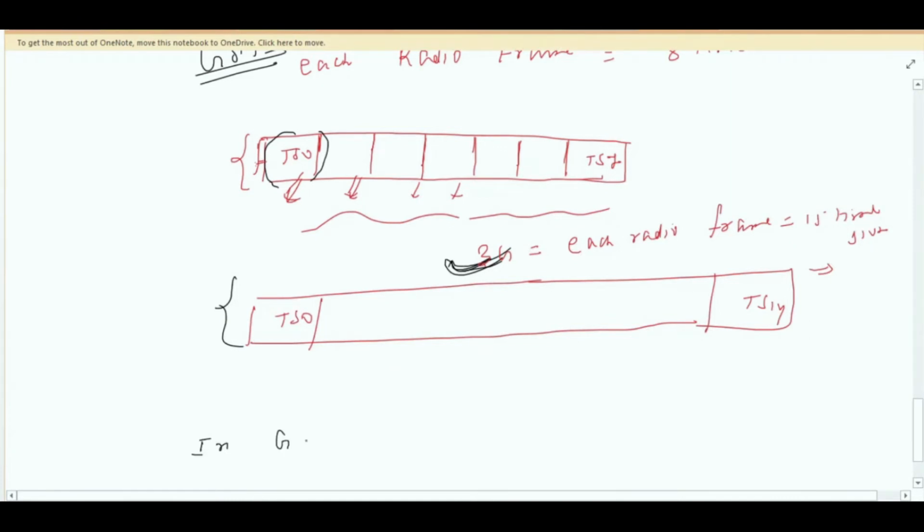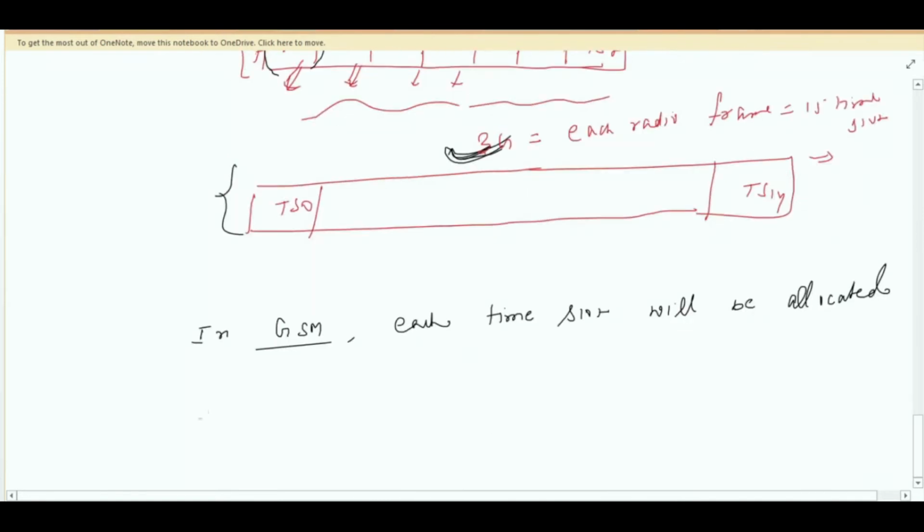In GSM, each time slot will be allocated to a single user.